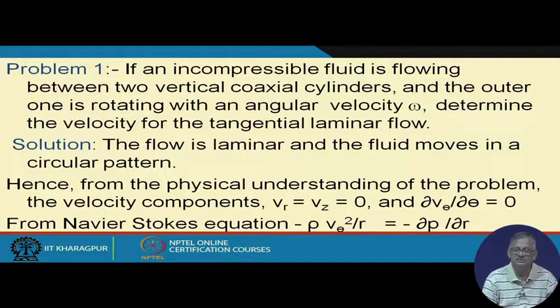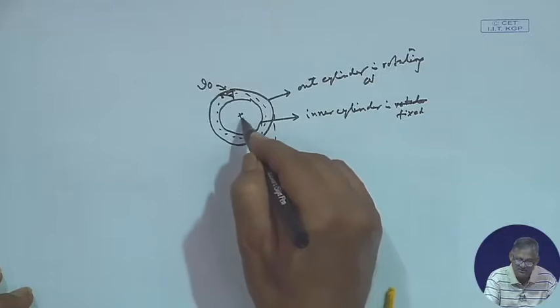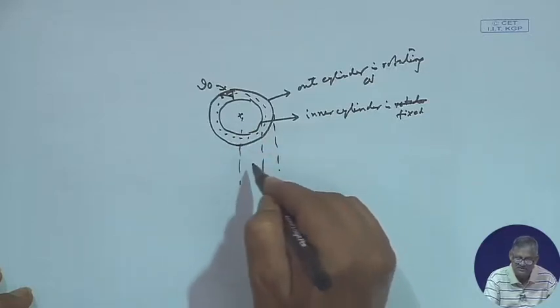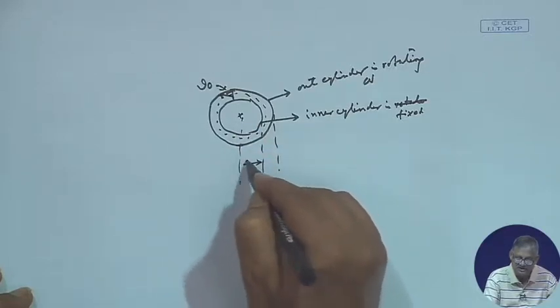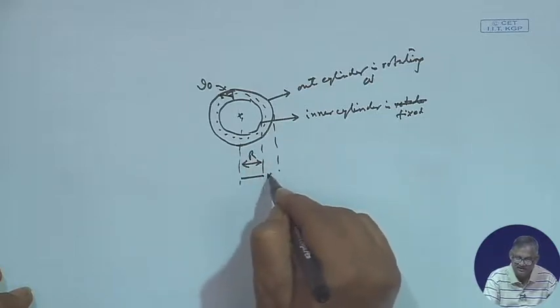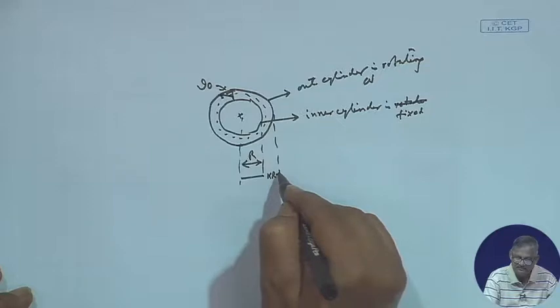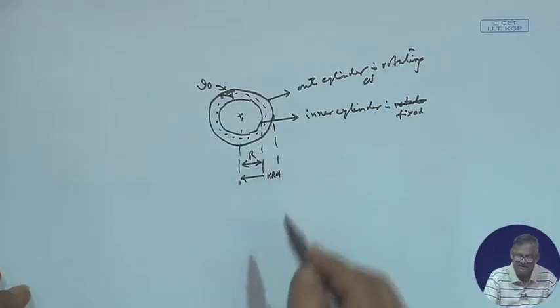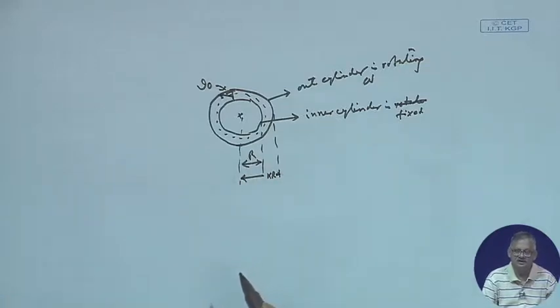There is no change in the language, no change in the problem. If you remember, we had said that this was R and this was KR. That was our problem given earlier.